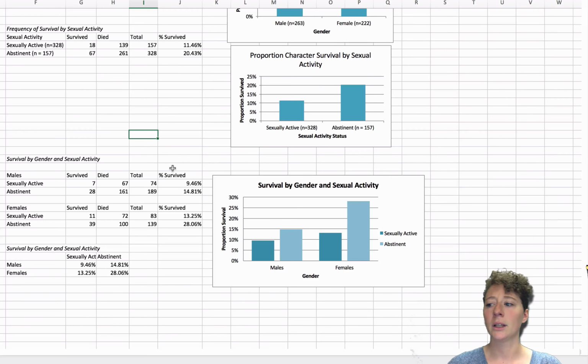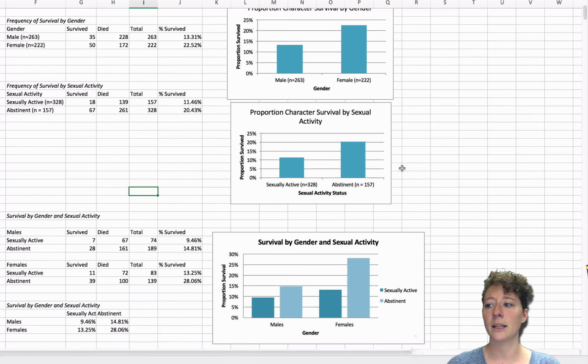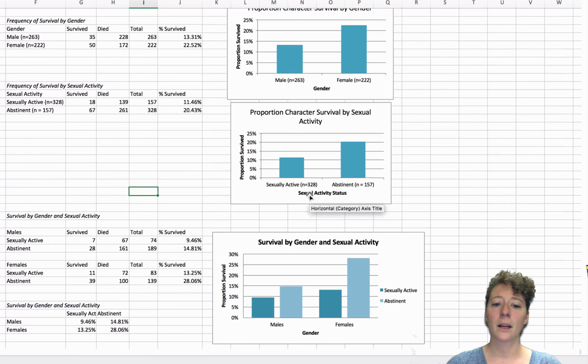So for example, from our univariate visualizations, we can see that being sexually active decreases your chance of survival. But we want to know, does it reduce the rate of survival the same for males and females?